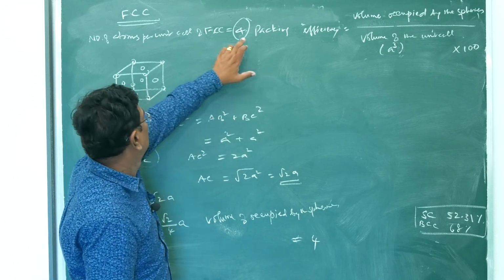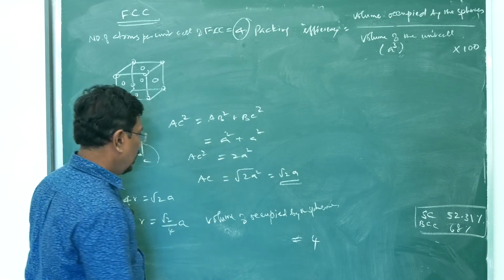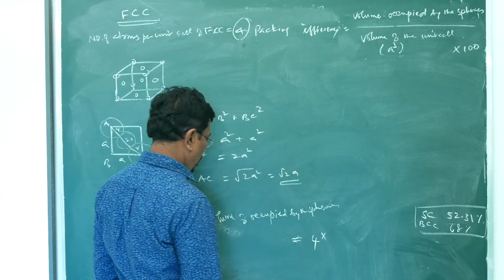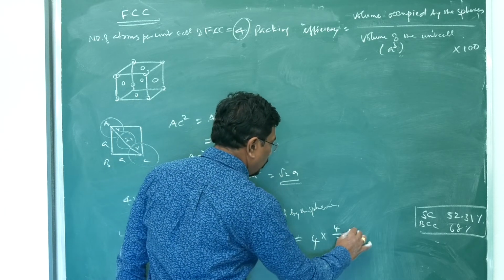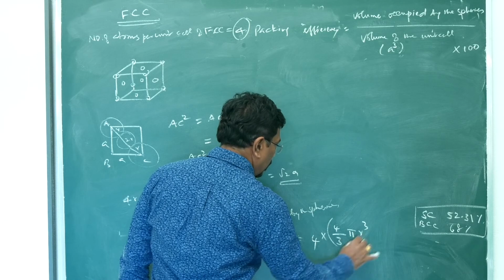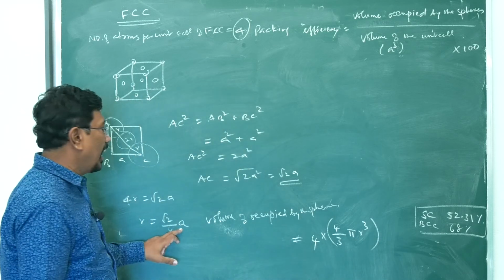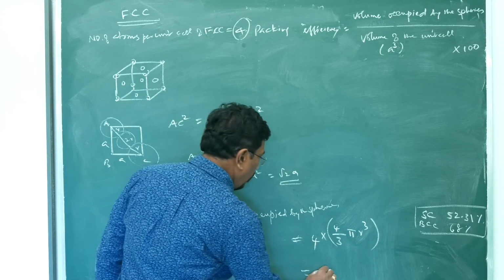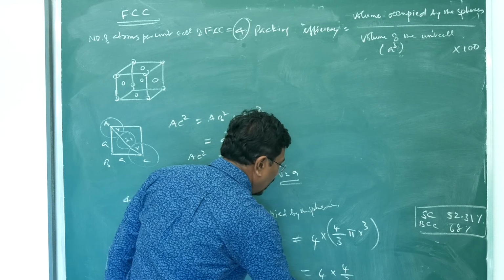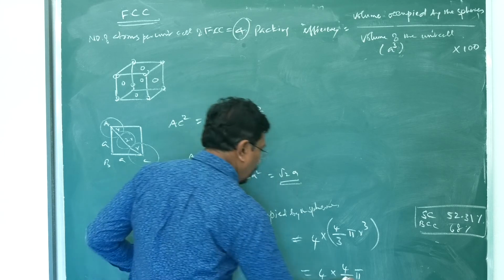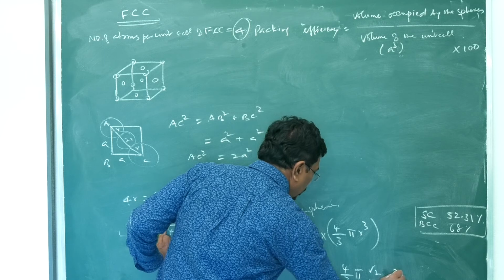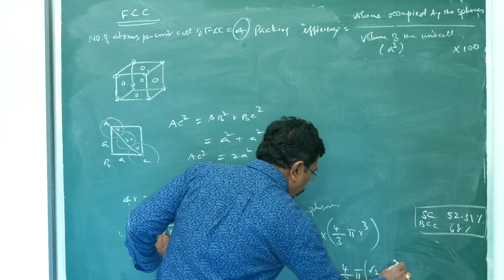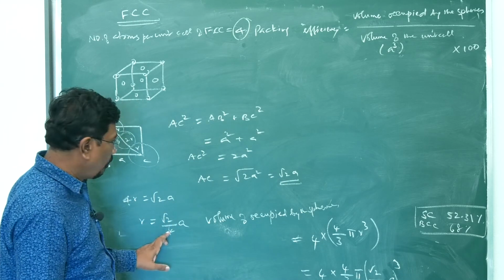For FCC, 4 into volume of a sphere, which is 4 by 3 pi r cube. r has to be written in terms of a. Therefore 4 into 4 by 3 pi, root 2 by 4 a whole cube.